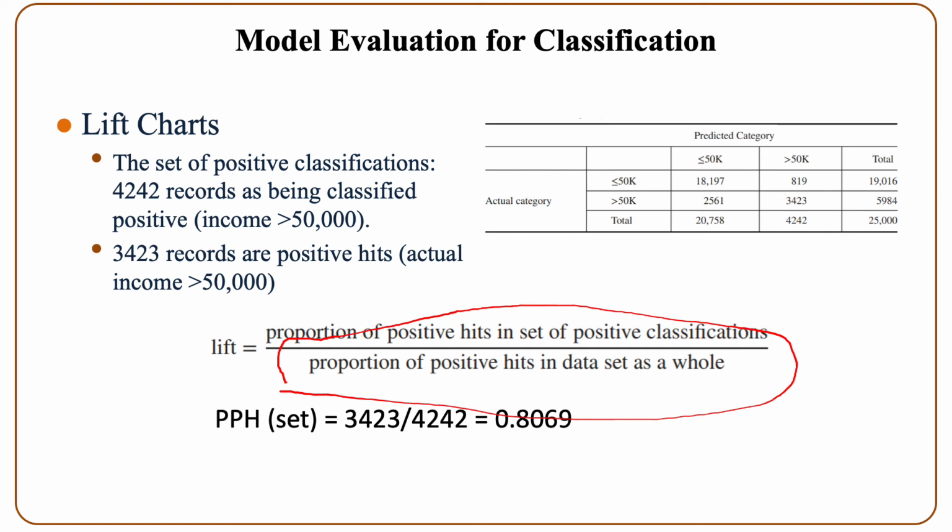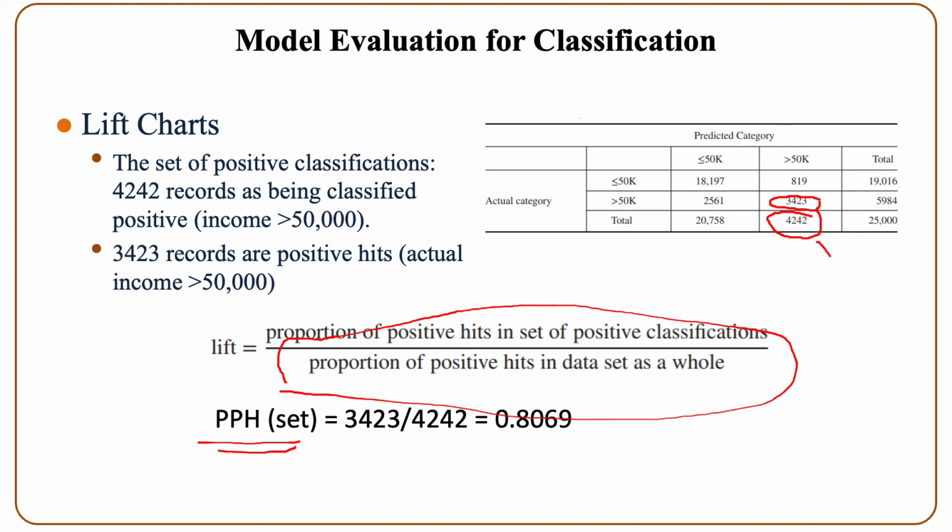So first we calculate the proportion of positive hits in the set of positive classifications. We get the first number, which is the positive hits, and also the second number, the records classified as positive.